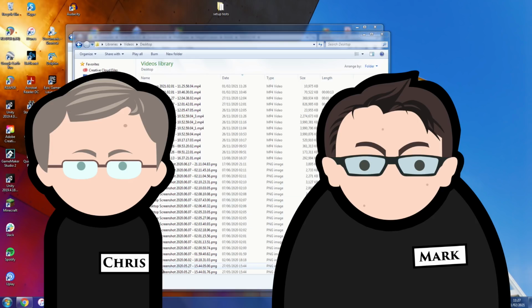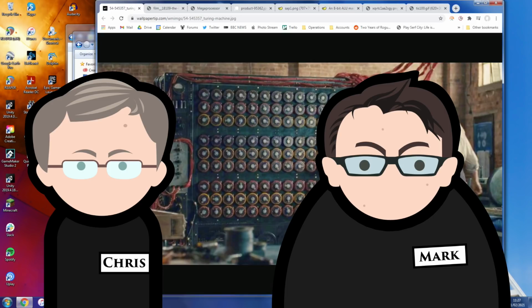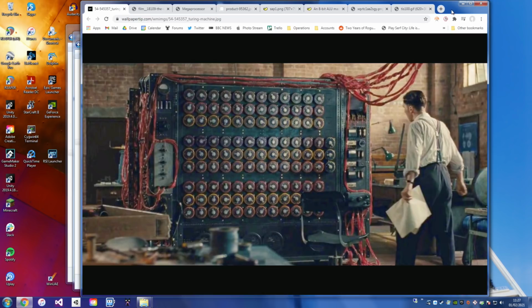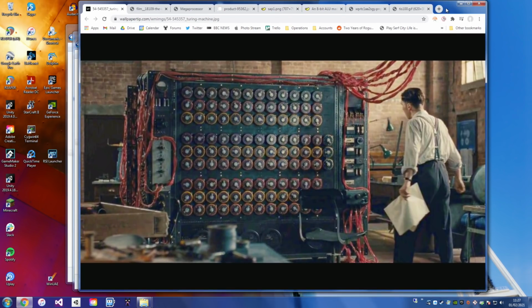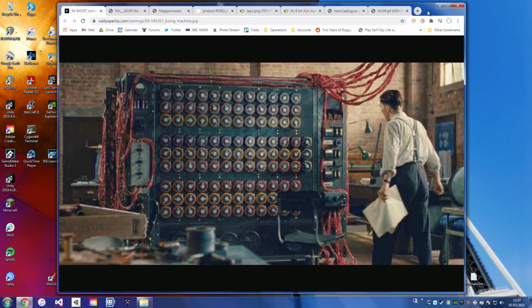Now, I love me a little bit of electronics. So Megaprocessor comes from, let me show you some inspirations, right? You remember The Imitation Game? There's this wonderful scene when Alan Turing is essentially inventing the modern computer without necessarily fully realizing it. He's inventing a reprogrammable machine and using it to break the German Enigma codes.